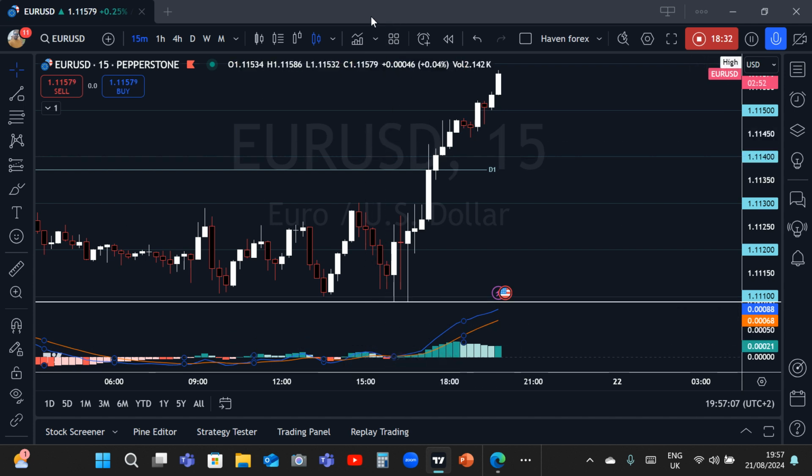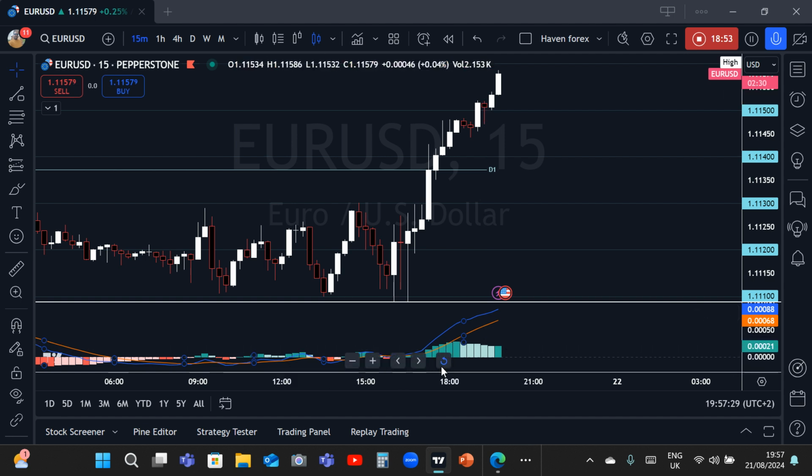All you need to do is just plot it, just for you to know how it functions. That is why I'm teaching us all this. So it subtracts the 26-day exponential moving average, that is EMA, from the 12-day exponential moving average.